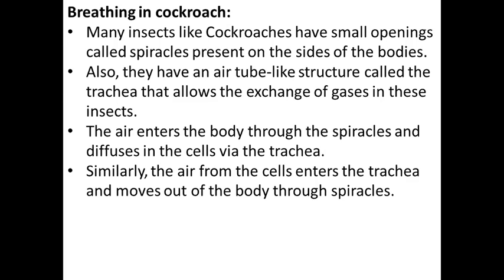That straw is the insect's trachea, and the small holes you made in the straw are the spiracles. Understood? The trachea form a network in the entire body through which air is supplied to every part of the insect's body.